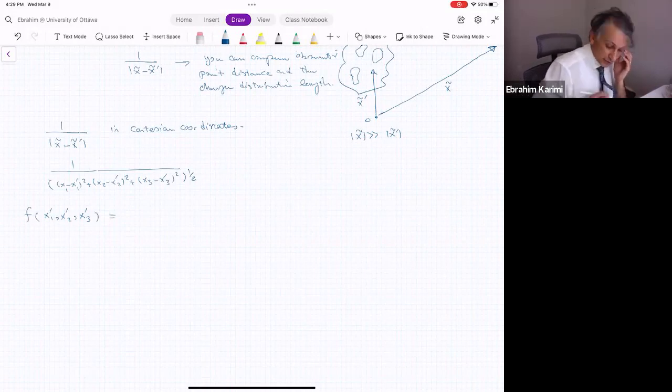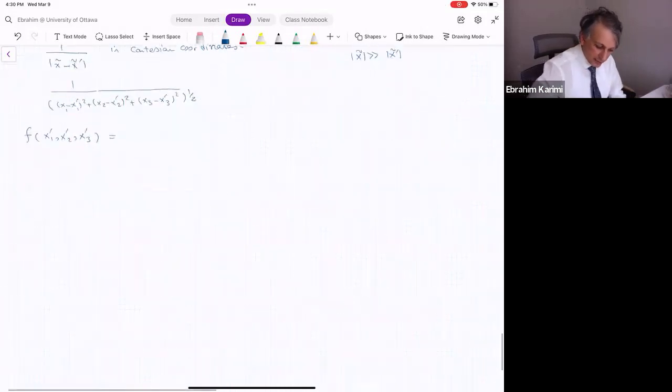How do you do the expansions of a multivariable function? Let's go a step back.